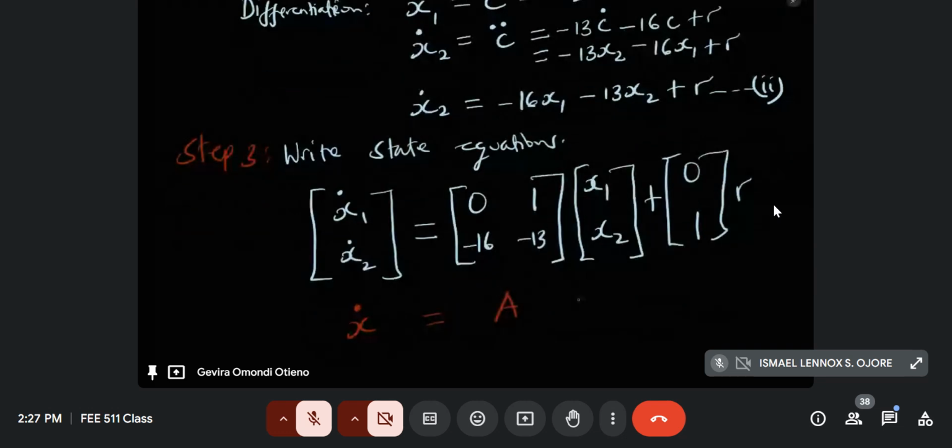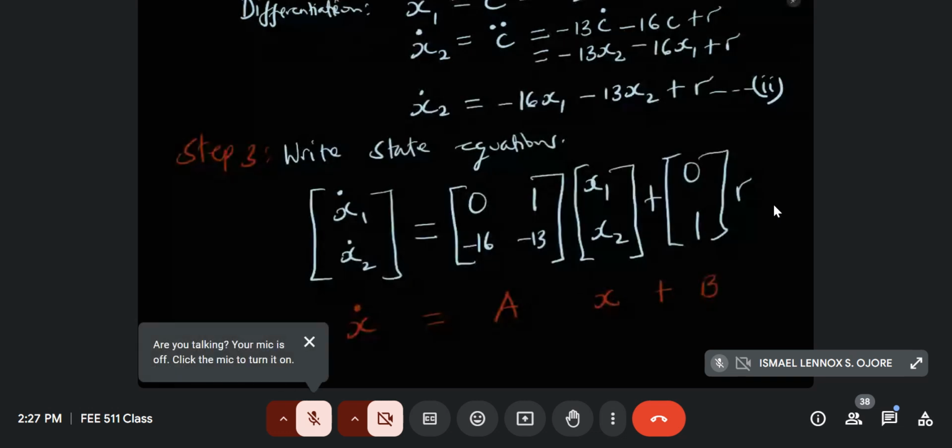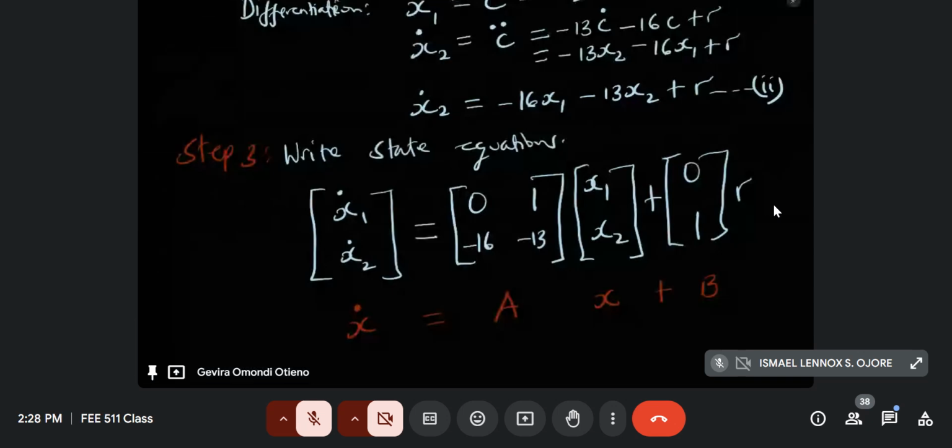So this is A, this is X plus, of course, this is B. Okay, it's not a matrix, it's a vector, but I would say it's a 2x1 matrix. So it's still fine. So that is the general equation for the state equation.